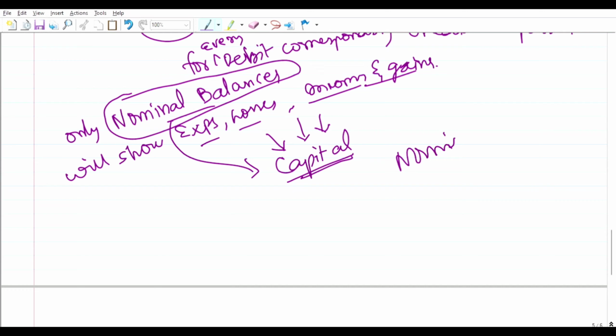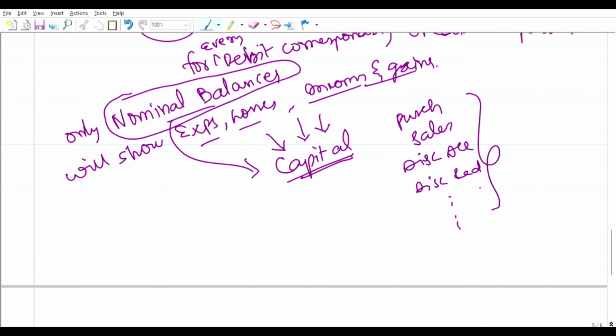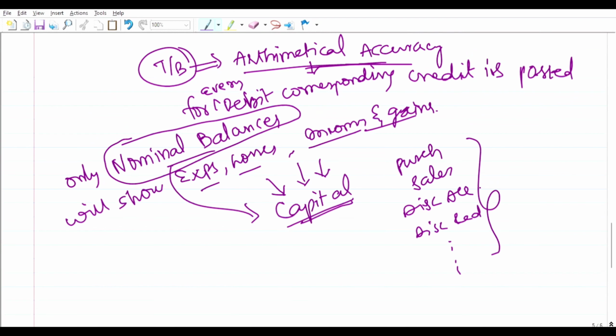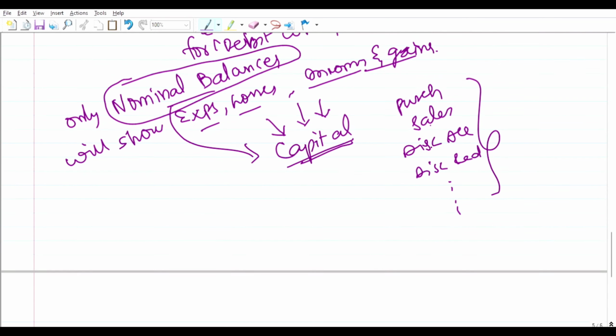Examples of nominal accounts are purchases, sales, discount allowed, discount received, and so on. There will be many types of nominal balances, which we are going to discuss later.